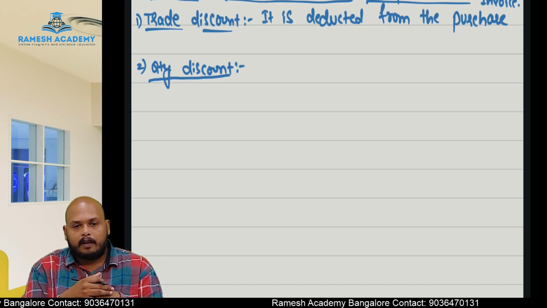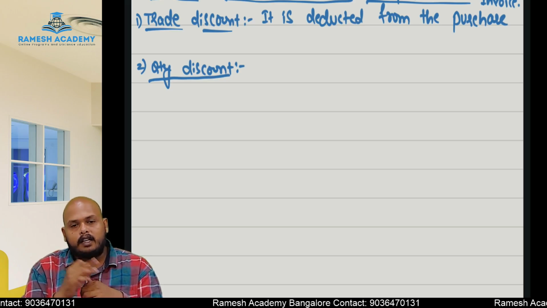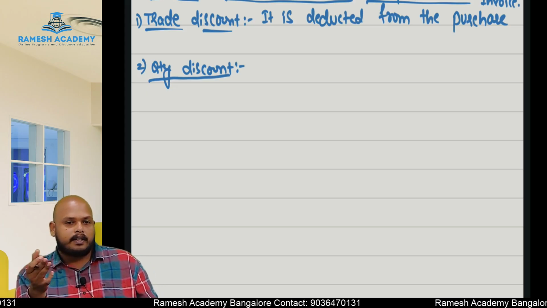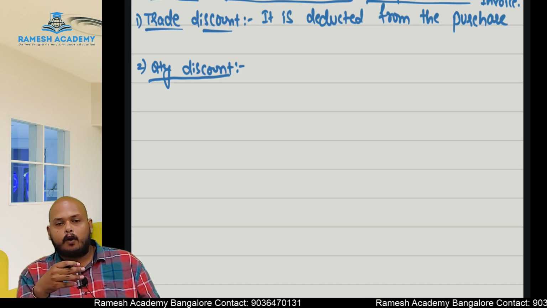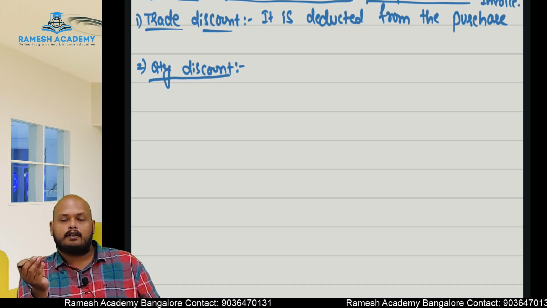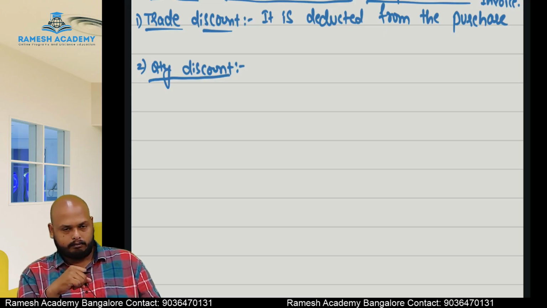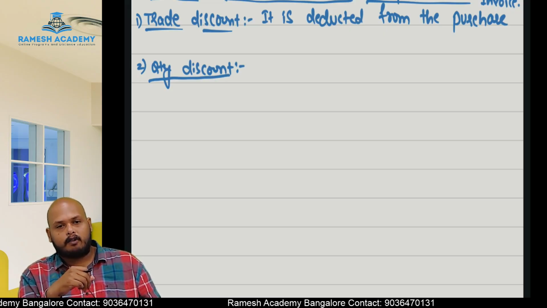Suppose we are purchasing 1000 kgs, price per kg is 10 rupees. Quantity discount is 10%. 1000 into 10% is how many kgs? 100 kgs. 100 into 10 is the equivalent value, 1000 rupees. So we have to minus the equivalent value of the quantity. That we call a quantity discount.